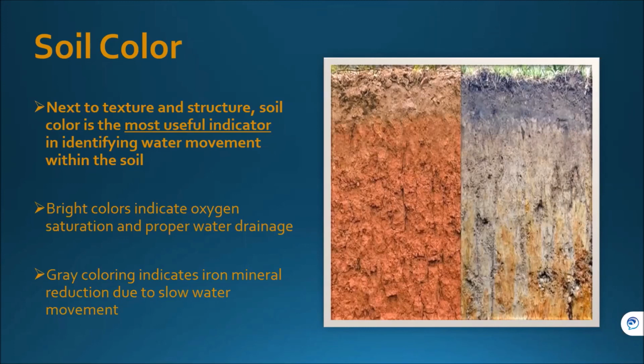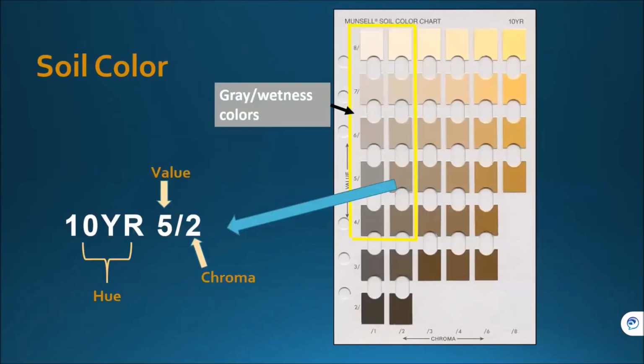If it's gray, it's not going to have a chance to rust, so it just stays in that ooey gooey gray kind of color. So if you've got a site that has a lot of those gray colors in it, then your probability of having a decent wetland site is probably going to be pretty good. So color's everything. Next slide, please.